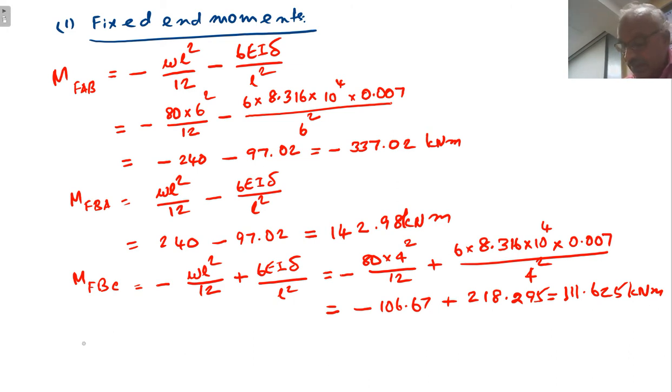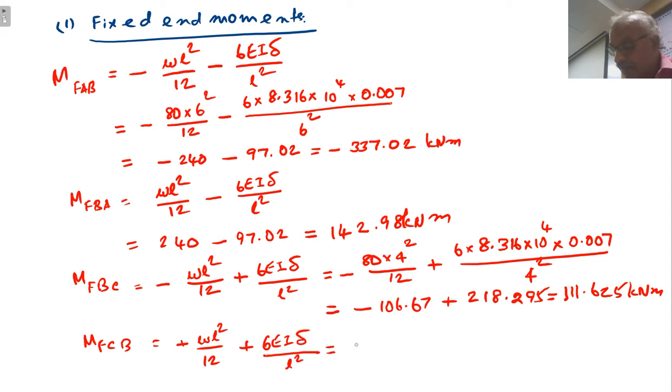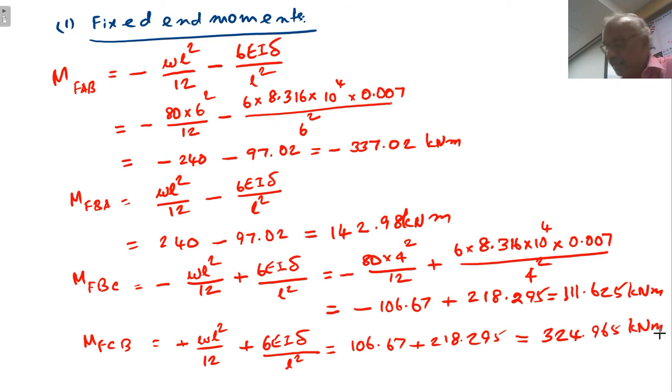Coming to M of CB, this is plus WL square by 12 plus 6 EI delta by L square, equal to 106.67, same numbers, plus 218.295, that is equal to 324.965 kilonewton meter.